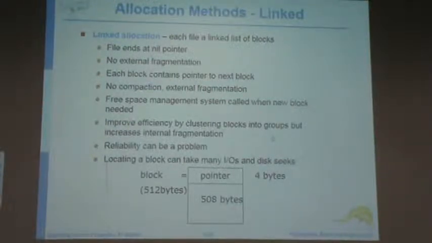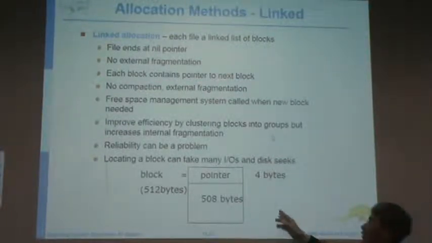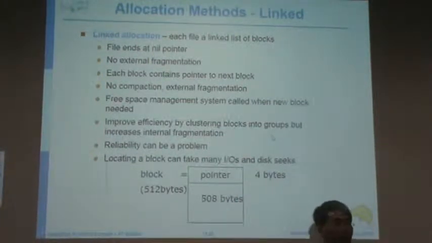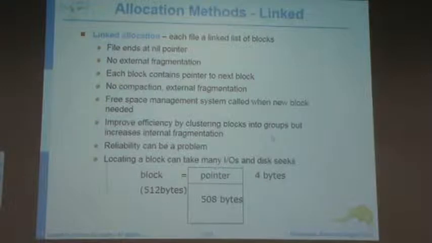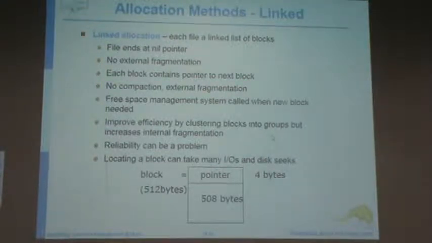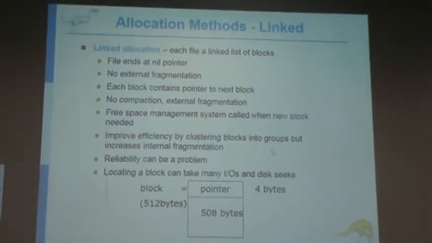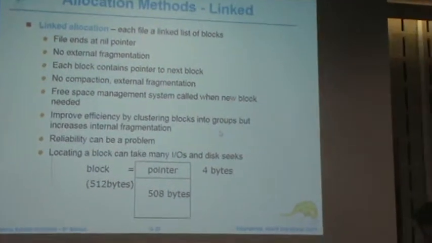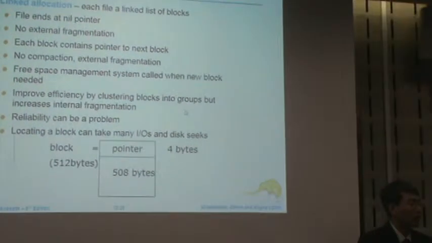However, using linked blocks, we can remove external fragmentation. Even when we have enough free blocks, contiguous or extent-based allocation sometimes cannot store the file; that is called external fragmentation.